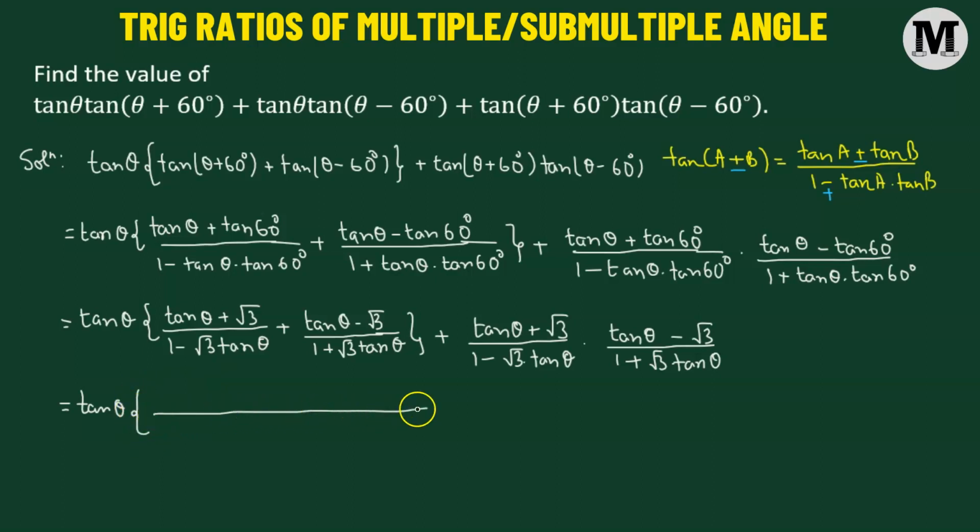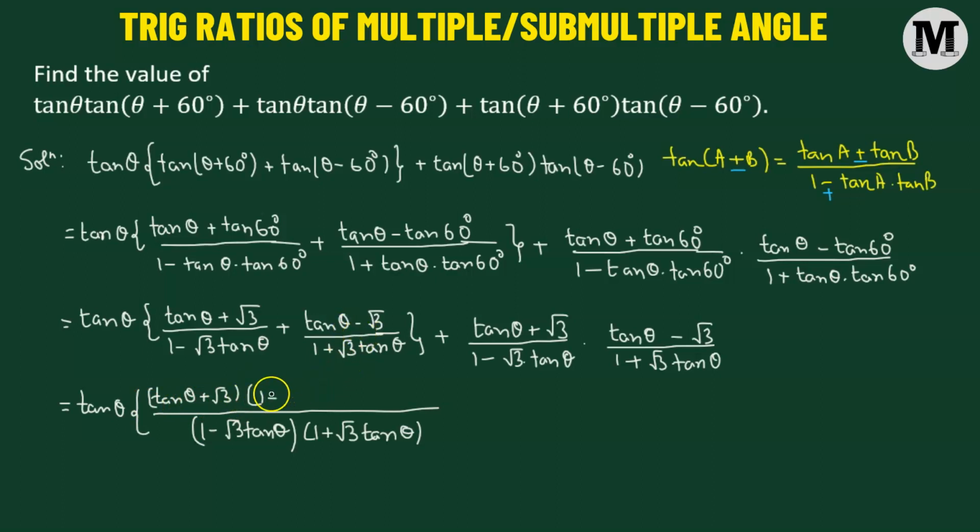So that will be 1 minus square root of 3 times tangent of theta whole multiplied to 1 plus square root of 3 times tangent theta. In the numerator, we'll take tangent of theta plus square root of 3. So this will get multiplied to the denominator of the second term.